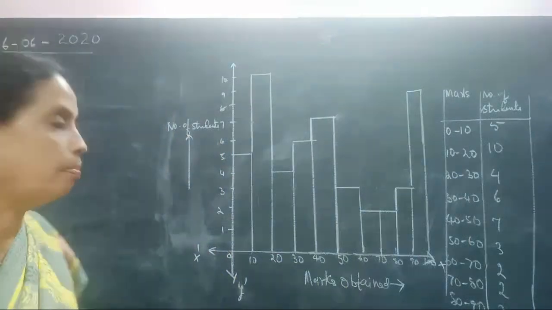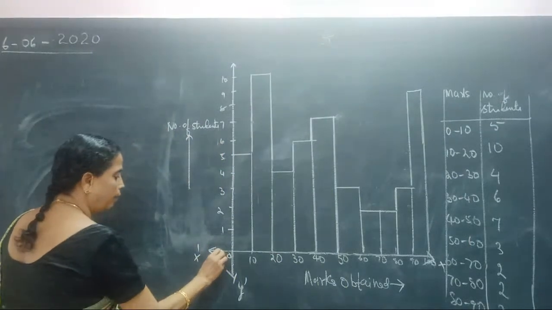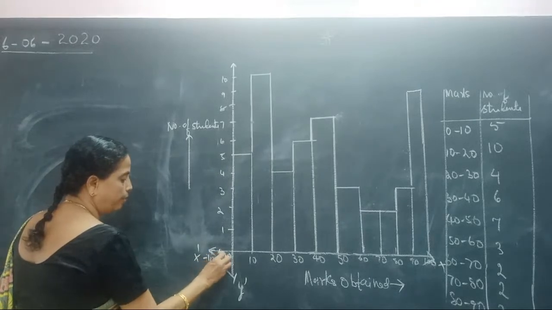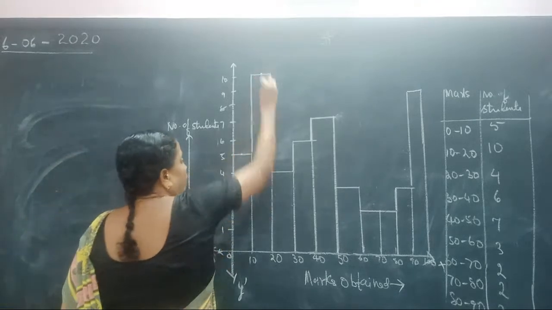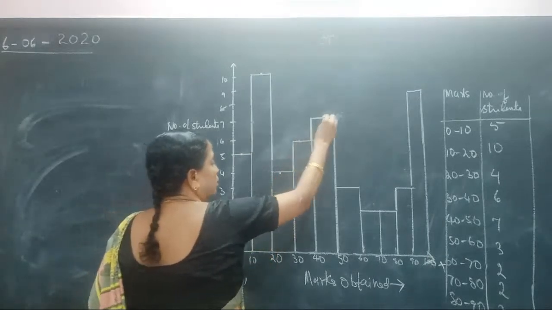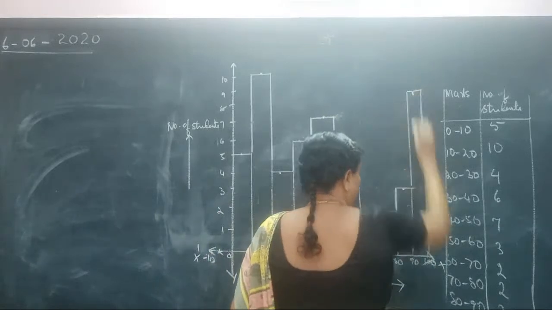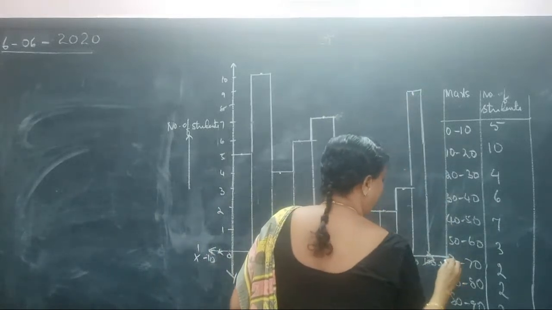For the frequency polygon, you have to mark negative 10, its midpoint is here. Join with the dotted line the midpoints of the rectangular blocks. And here it is 110.